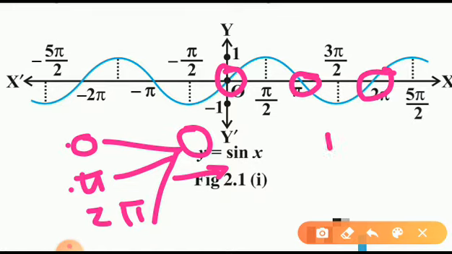My domain of the sine function was R. So if my domain is R, sine x won't be 1-1. So in order to find inverse, what we do is we always restrict the sine function, or not only sine, we restrict all trigonometric functions, to make the inverse exist.